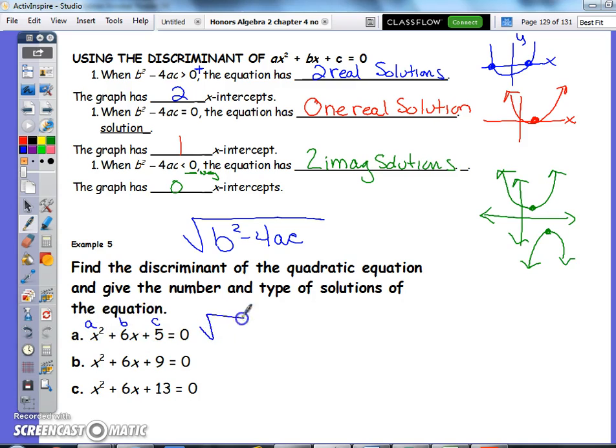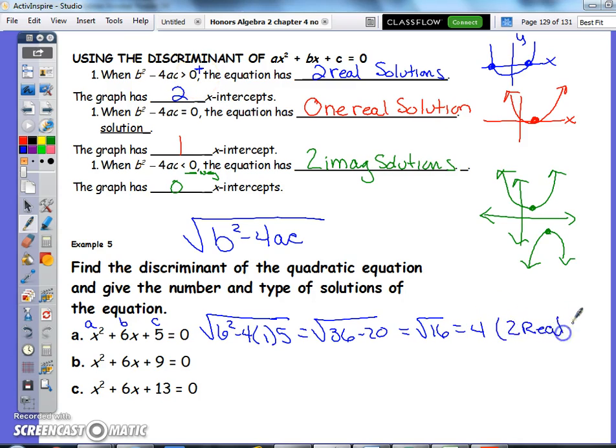You say 6 squared minus 4 times 1 times 5. So you get 36 minus 20, which is 16, the square root of which is 4. So it's positive, and you know that these are two real solutions. It's positive. That's all you need to know.